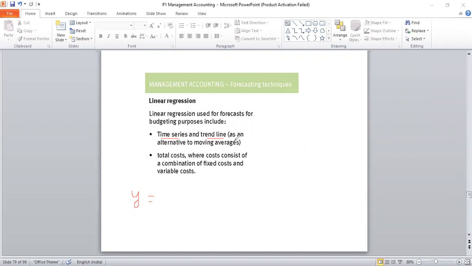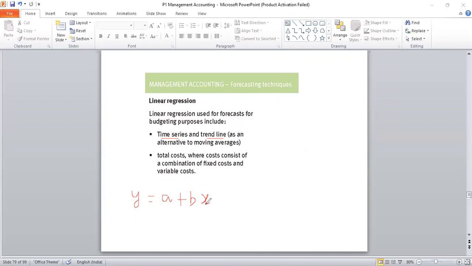It has a linear relationship. The linear regression can be established by an equation called y is equal to a plus bx. Once this equation is established, it is used to forecast the data for the future. Here y is total cost, a and b are two constants.